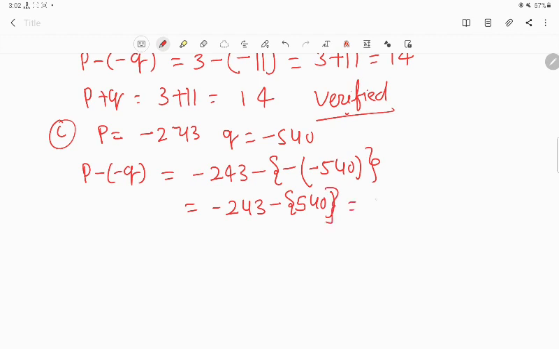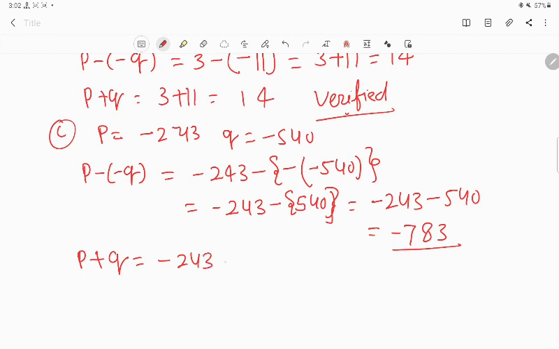Now minus 243 plus 540 is equal to 297. And here P plus Q is equal to P value minus 243 and Q value minus 540, which is equal to minus 783. Both sides are equal, so it is verified.